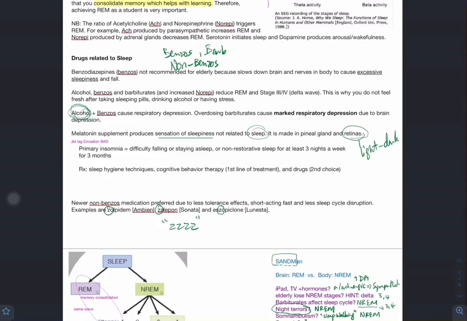Primary insomnia refers to difficulty falling or staying asleep, or non-restorative sleep for at least 3 nights a week for 3 months.